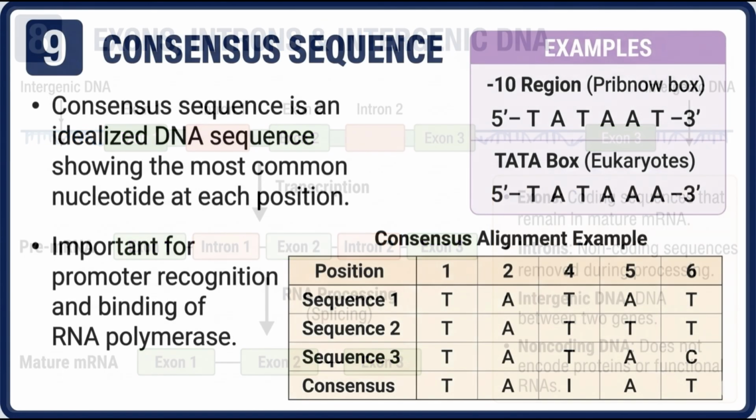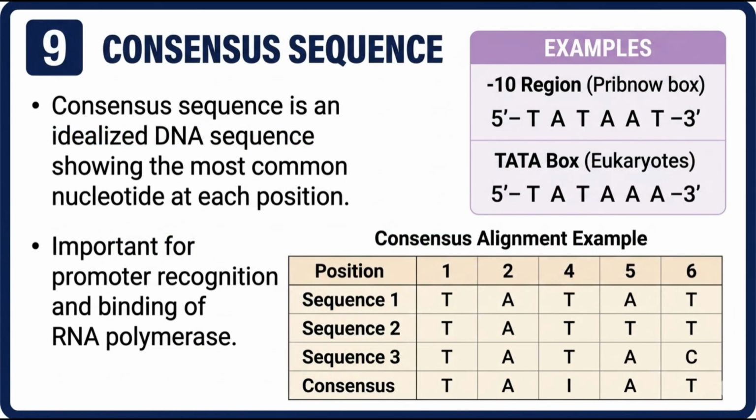Consensus sequence. A consensus sequence is an idealized DNA sequence representing the most common nucleotide present at each position among similar sequences. Consensus sequences are important for promoter recognition by RNA polymerase and transcription factors. In prokaryotes, an important promoter consensus sequence is the Pribnow box located around the -10 region.